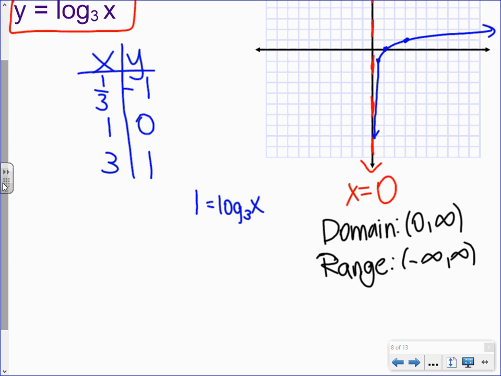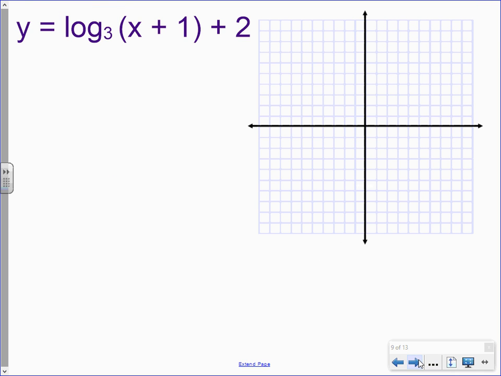Let's talk about if we have any transformations. Okay, here we have log base 3 of x plus 1, plus 2.